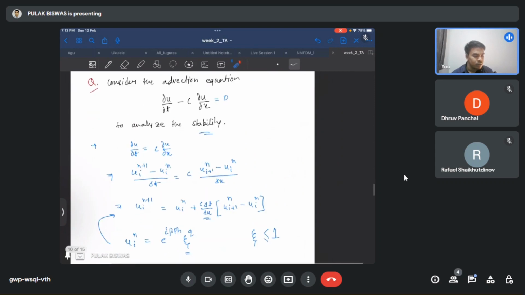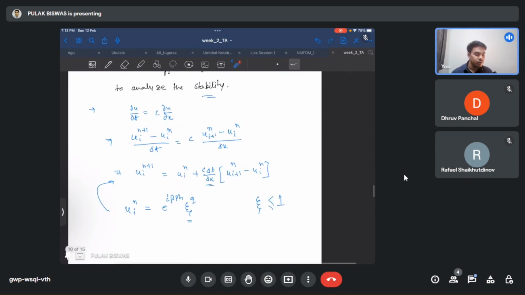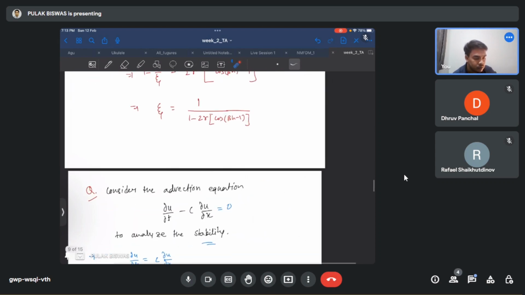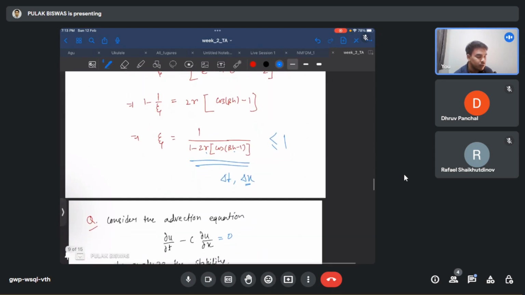Suppose for this case I have used forward differences for both the derivatives, then you can put the value like this, and whatever value of xi comes from there, you can put this constant, and if you make it less than 1, some relation will come between delta t and delta x, because here h is actually your delta x, and r includes delta t and delta x.